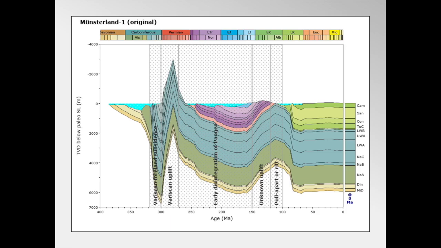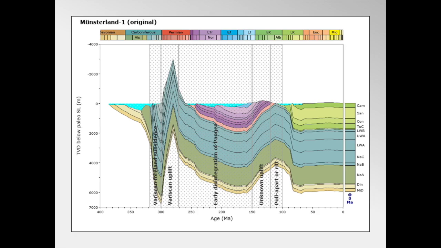The earliest of the events are development of the Foreland Basin, followed by the Variscan uplift itself. Then, to explain the collapse of the Variscan Mountains and the deposition of a moderately thick late Permian to Middle Jurassic section, I've proposed a long sagging event, probably relaxation devolving from the disintegration of Pangaea.